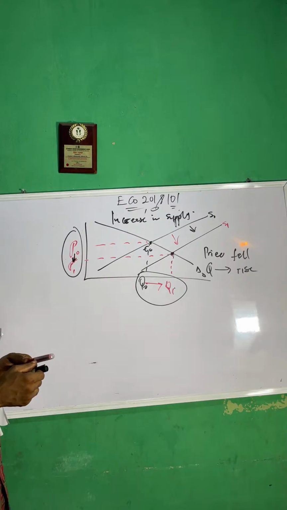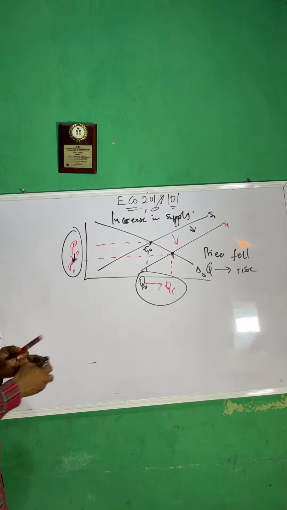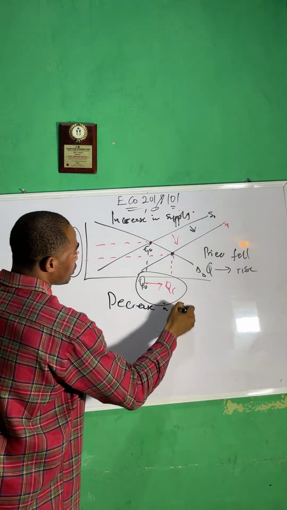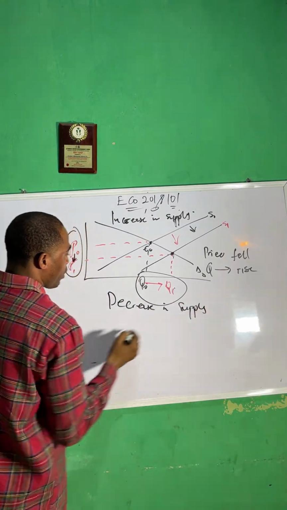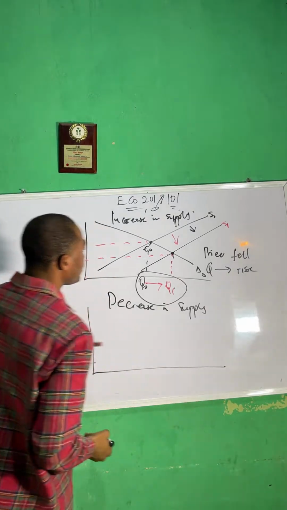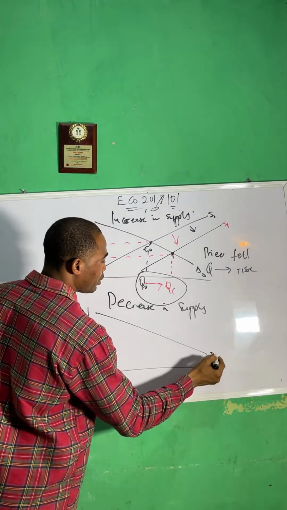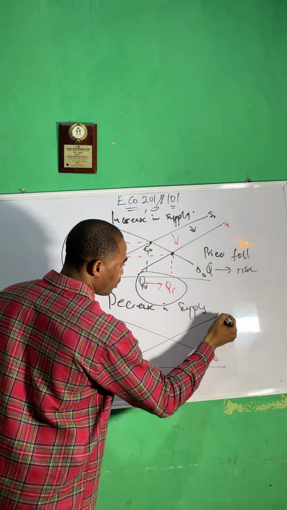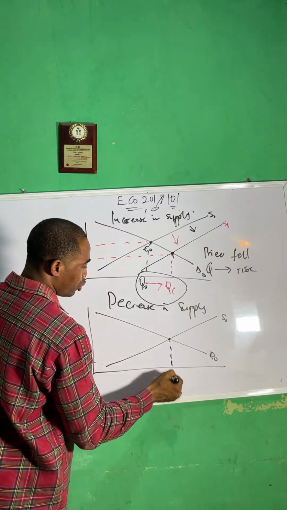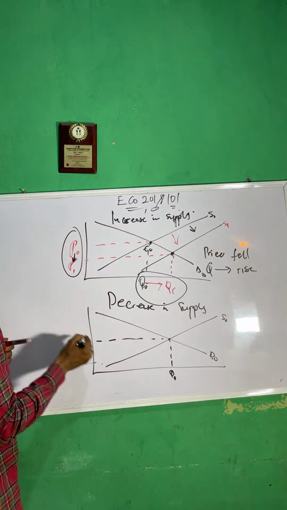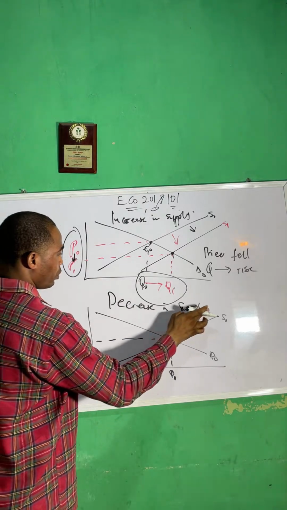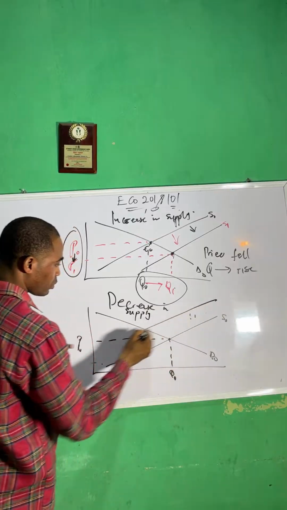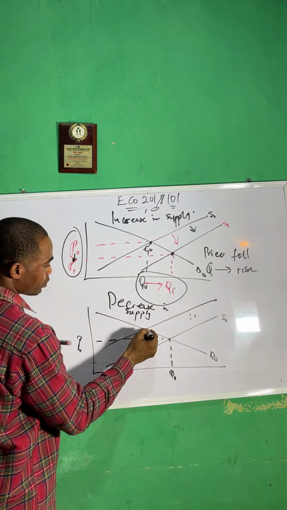Then let's go for decrease in supply. Here we are going to have something like this: initial demand, then initial supply, QO, PO, then supply falls.